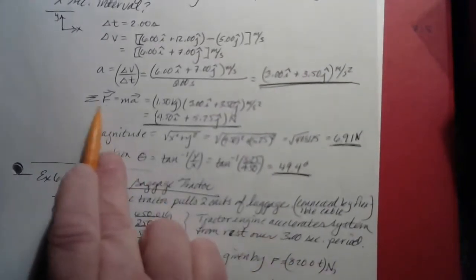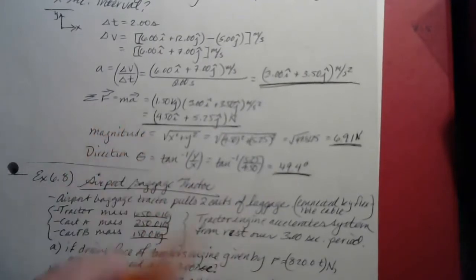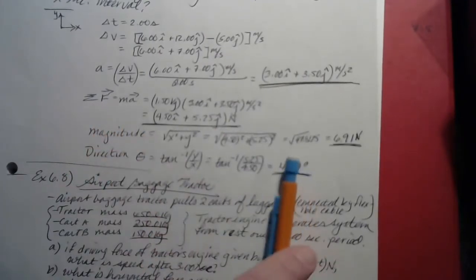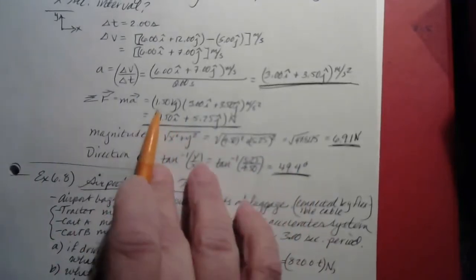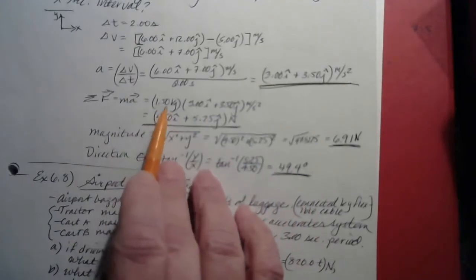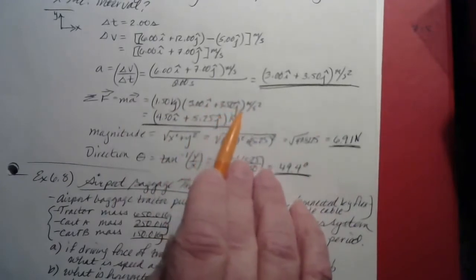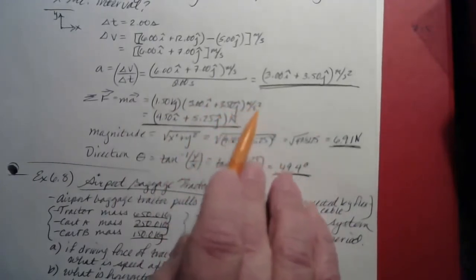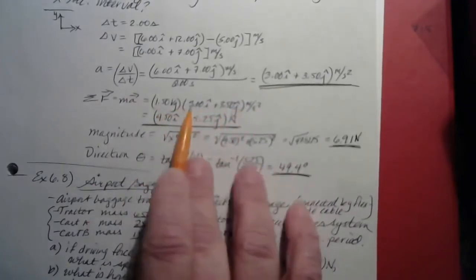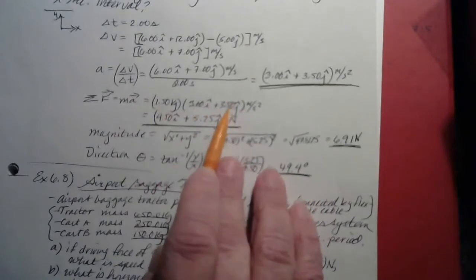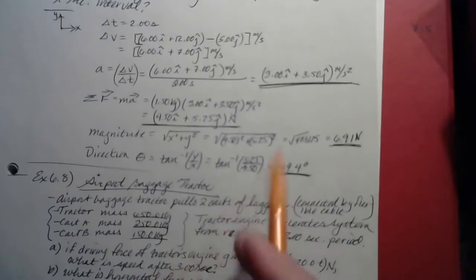The summation of all of the forces, or the net force, in other words, is going to be mass times acceleration. The mass of the model helicopter is 1.5 kilograms. The acceleration we now know is 3i plus 3.5j meters per second squared. Again, you can take this vector equation and multiply it by a scalar. 1.5 kilograms is a scalar.